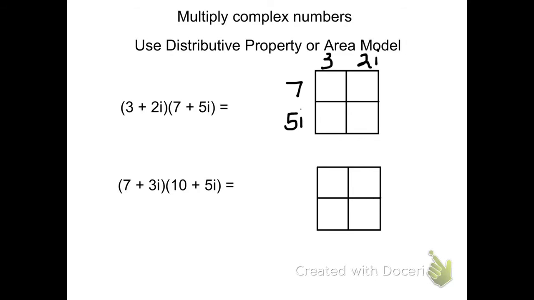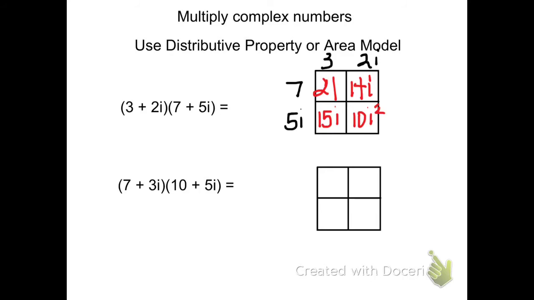So 3 times 7 is 21. 2i times 7 is 14i. 3 times 5i is 15i. And 2i times 5i is 10i squared.